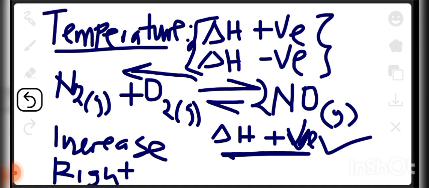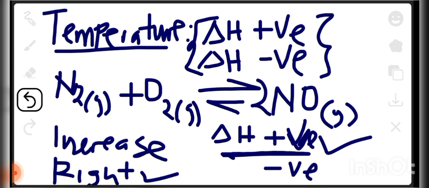It's very, very important. Then for exothermic, it will be the opposite of endothermic. We said for an endothermic reaction, increase the temperature, the equilibrium position shifts to the right. Decrease, it moves to the left. Now for exothermic, which is opposite to endothermic, delta H is negative.